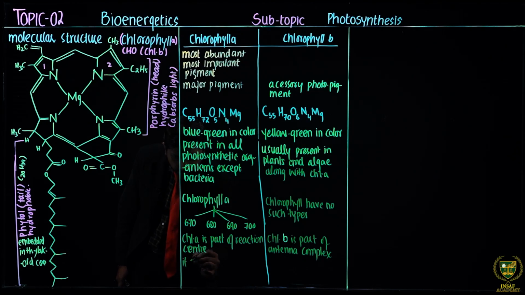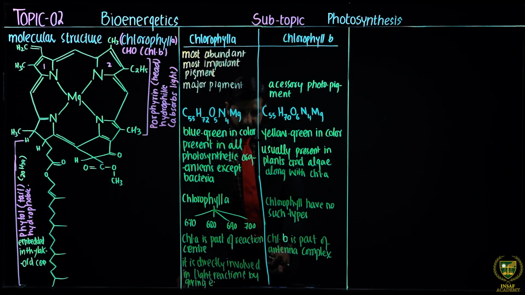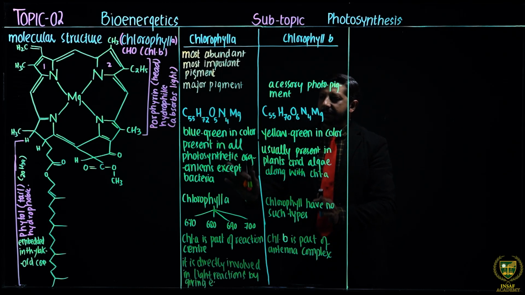It is directly involved in light reactions, by giving electrons, while B is not. So these are some differences between chlorophyll A and B.